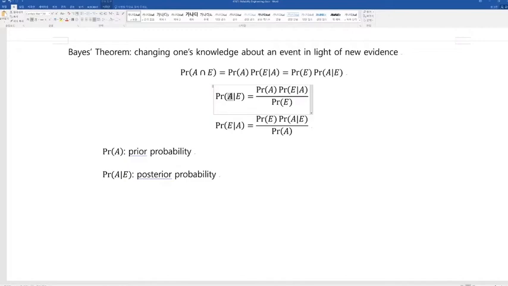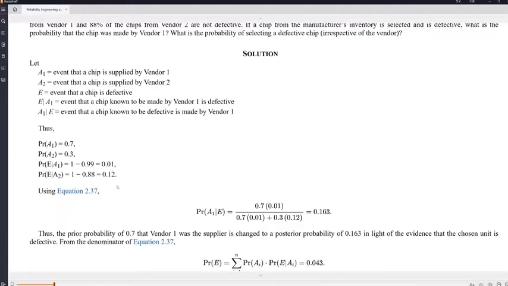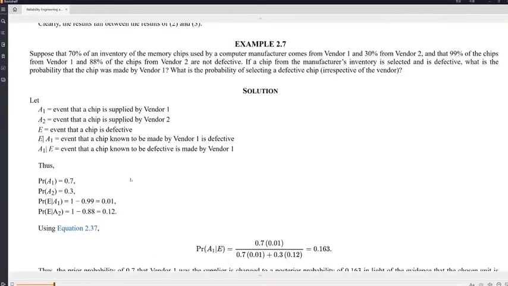So it may be a little bit confusing. Let's go back to our example again. Previously it was said that if we select one chip, then with the probability of 0.7, or 70%, it came from vendor 1, and with the probability of 0.3, 30%, the chip came from vendor 2.